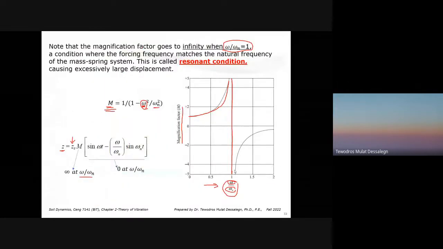And we have seen what resonance is. When the frequency ratio, w by wn, is close to 1, we have infinite amplitude of motion. Here w is the forcing frequency on the foundation.